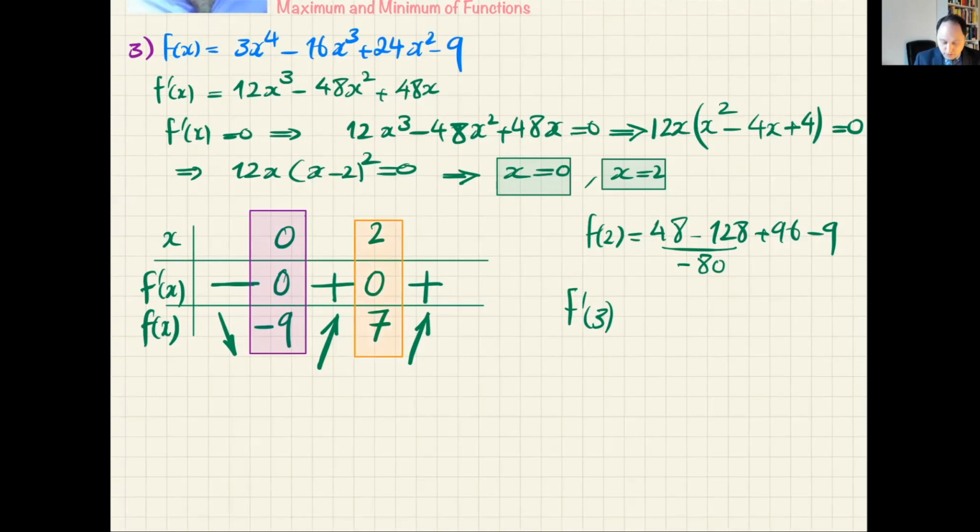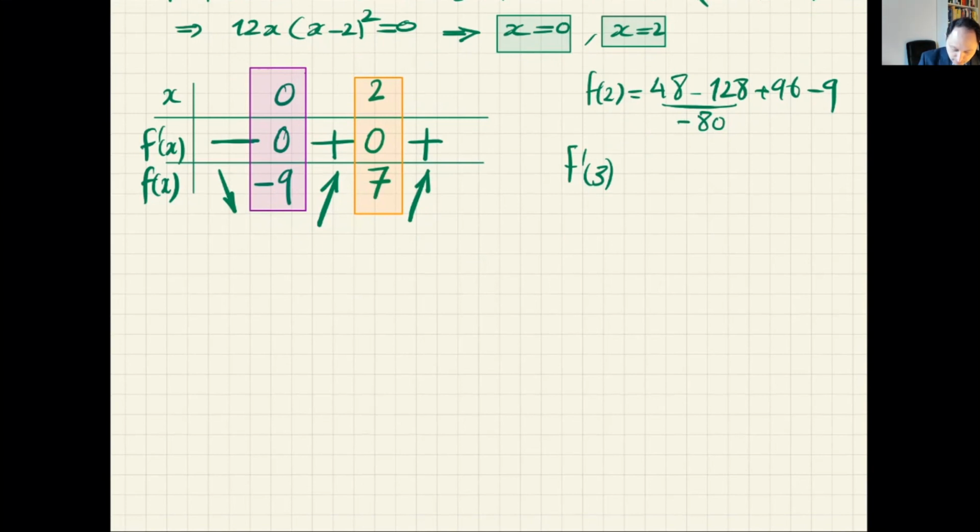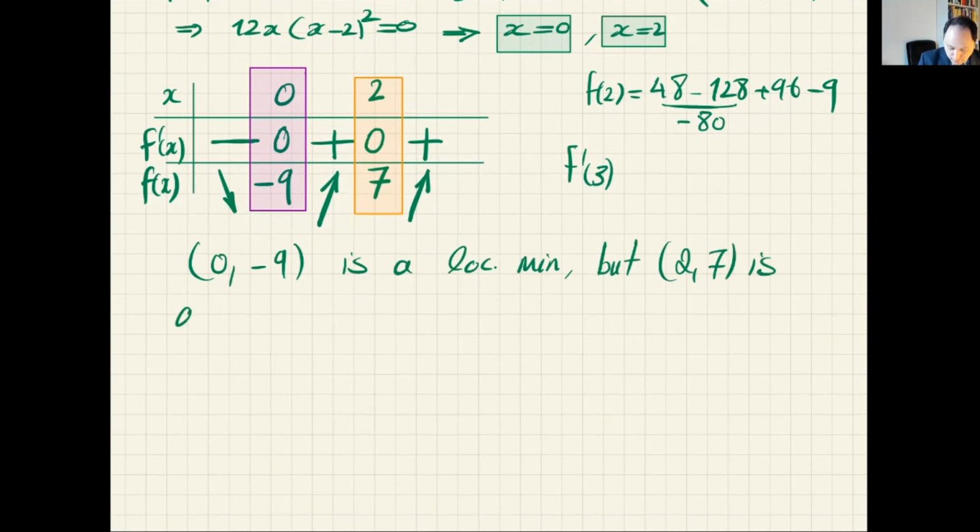It's a terrace point. So I would say that 0 and minus 9 is a local minimum, but 2 and 7 is a terrace point.